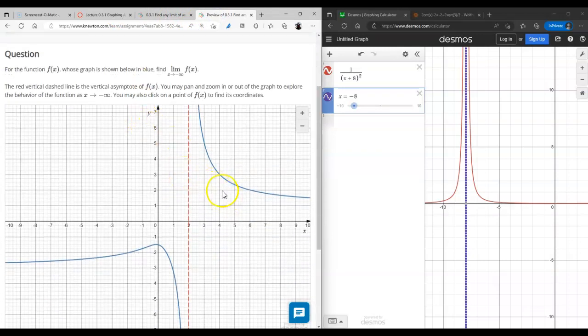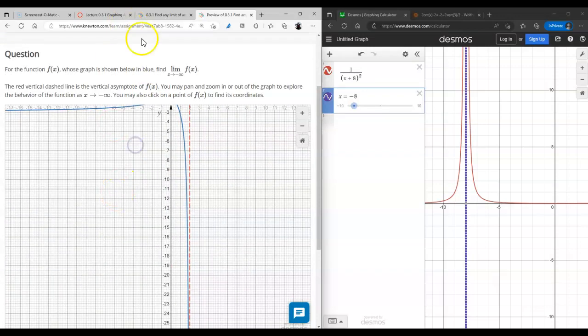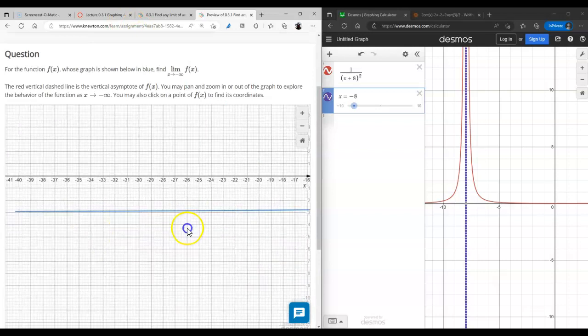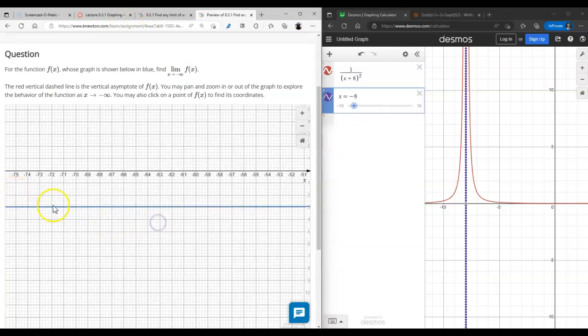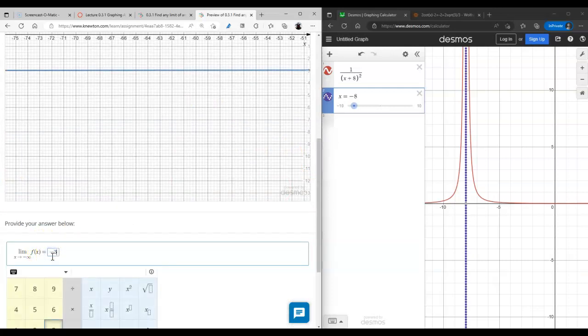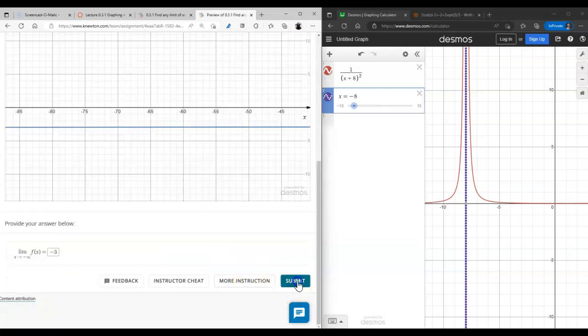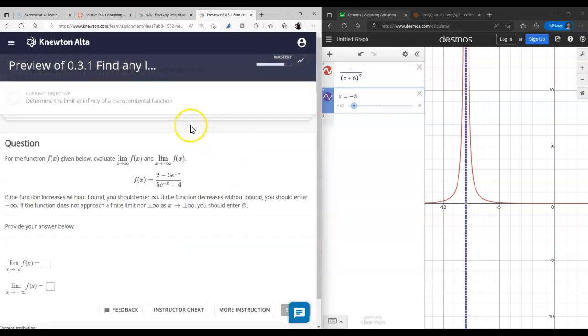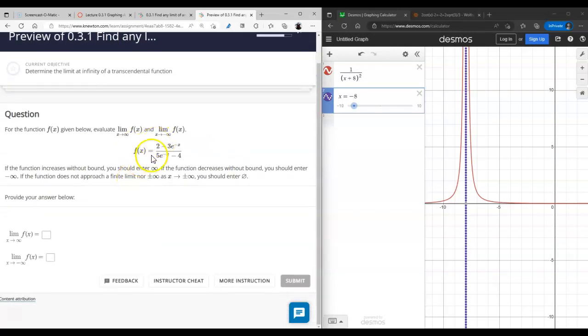All right, this one is x approaches -infinity, so we're going to be looking on the left side, and it looks like the graph approaches -3. Such a good exercise. Oh, yeah.